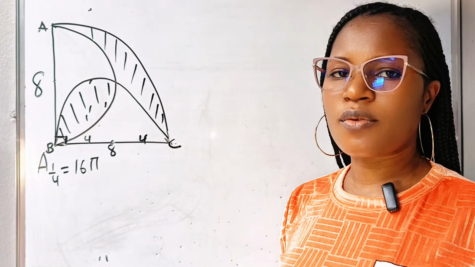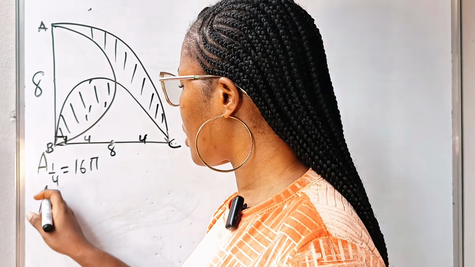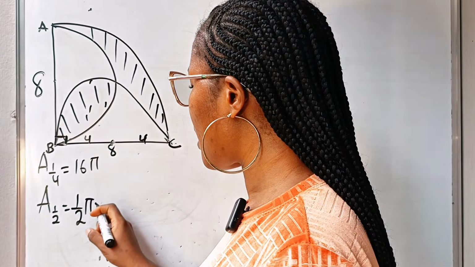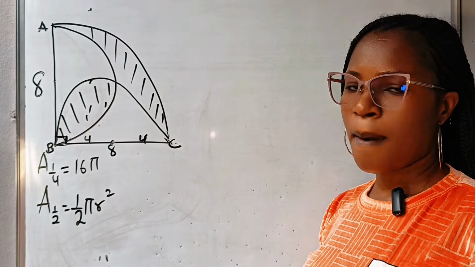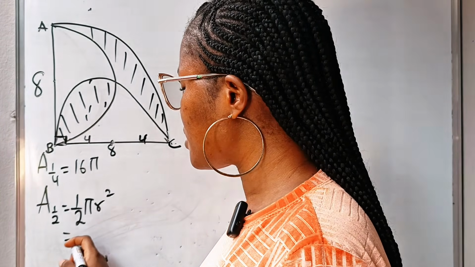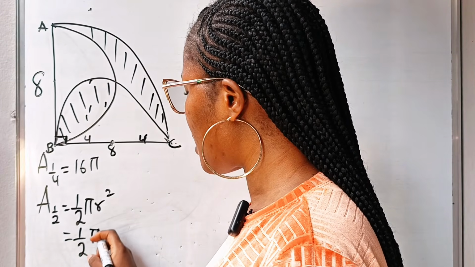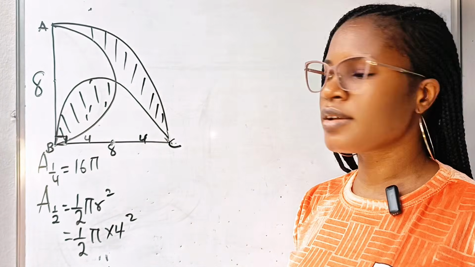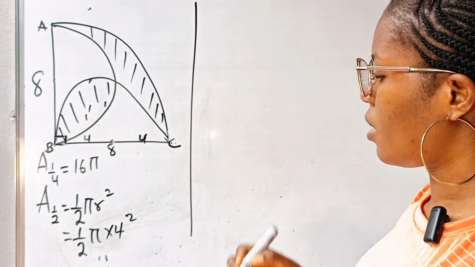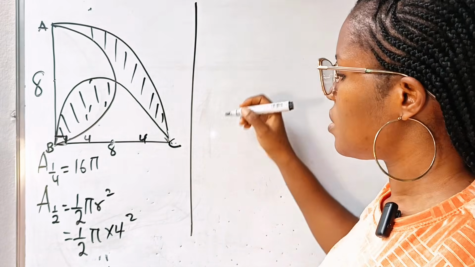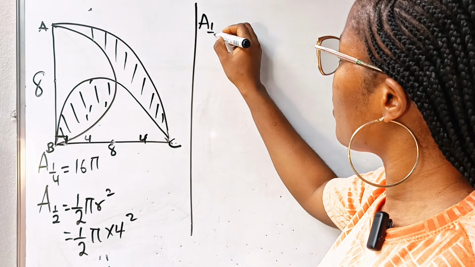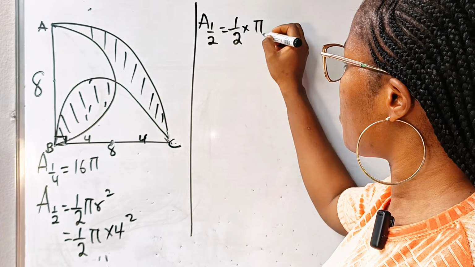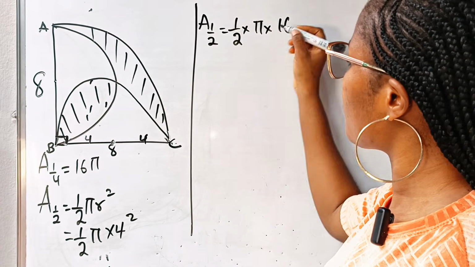Alright, so if we want to find the area of the semicircle, the area of the half circle is half pi r squared. So this is equal to half times pi times 4 squared, because the radius is 4. Now, if we move forward, the area of the semicircle is equal to half times pi times 16.